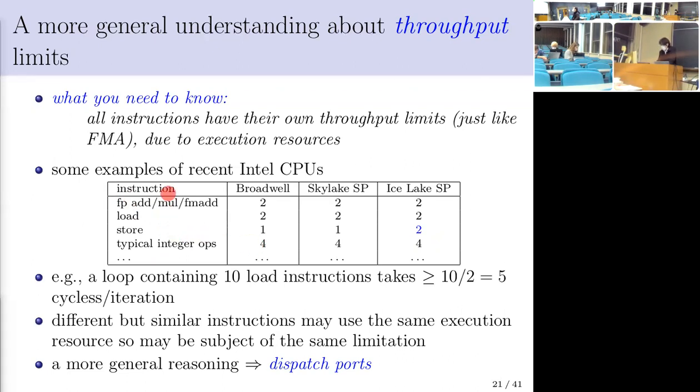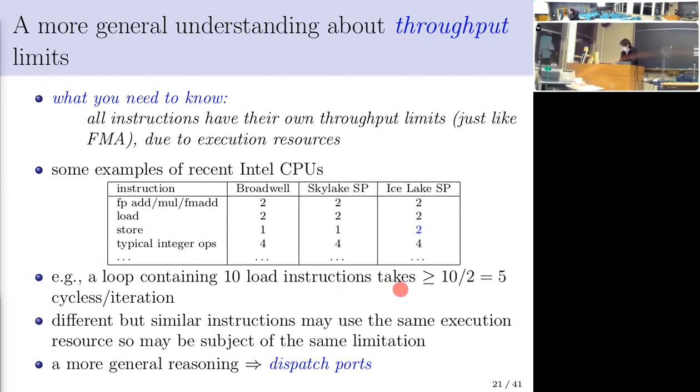So what this table tells you is, for example, if your loop contains 10 load instructions, then there's no way you can perform this loop faster than 5 cycles per iteration, right? Because the processor can execute only up to 2 load instructions per cycle.